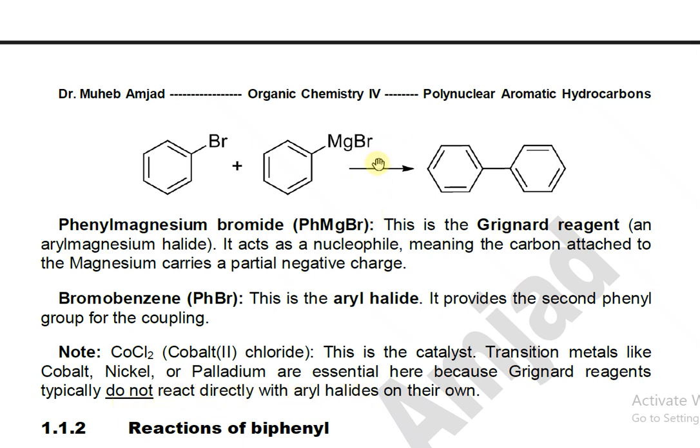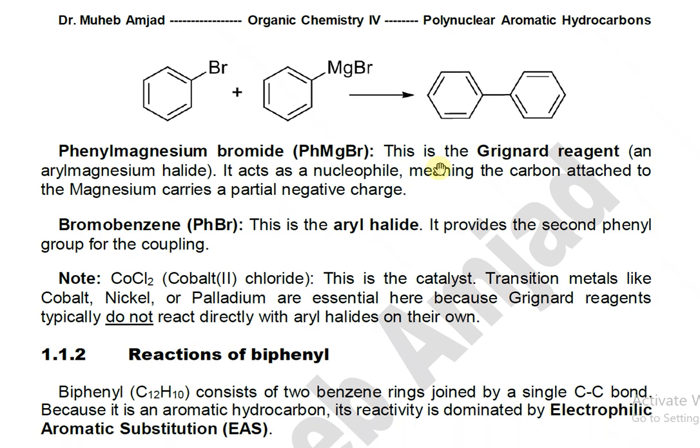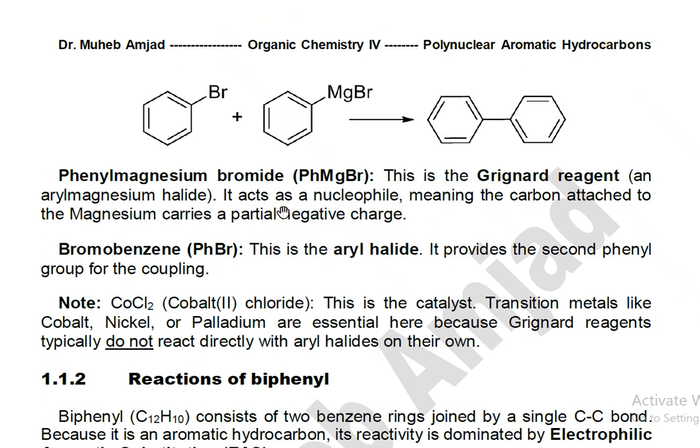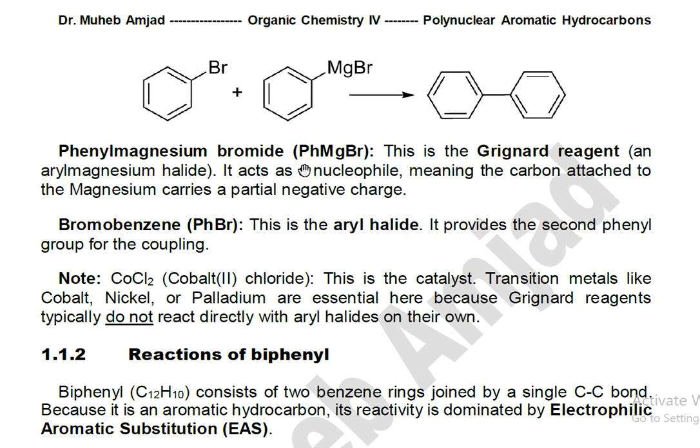That means we need a catalyst to make this coupling of the reactants to give us the biphenyl compound. This is what we talked about, the methods for preparation of the biphenyl compound.